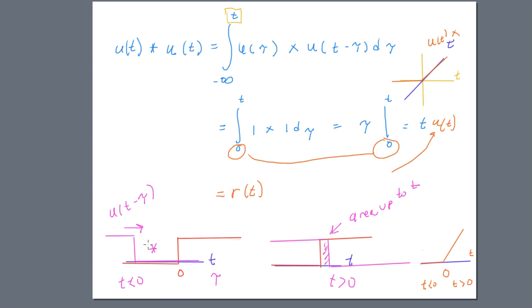Now, from a graphical perspective, here in purple, I've got the step function and it's reversed in time, right? Now, if I just had u of minus tau, I would just get this, and that would be 0, and that would be tau.